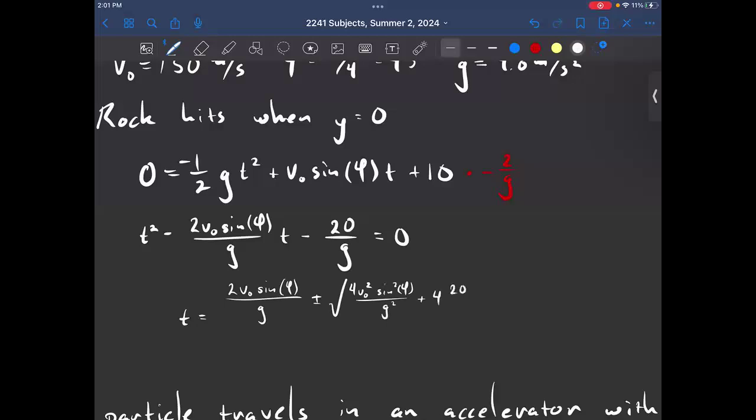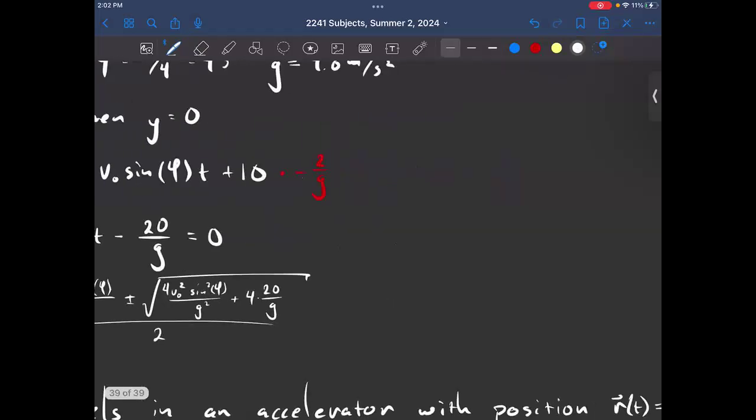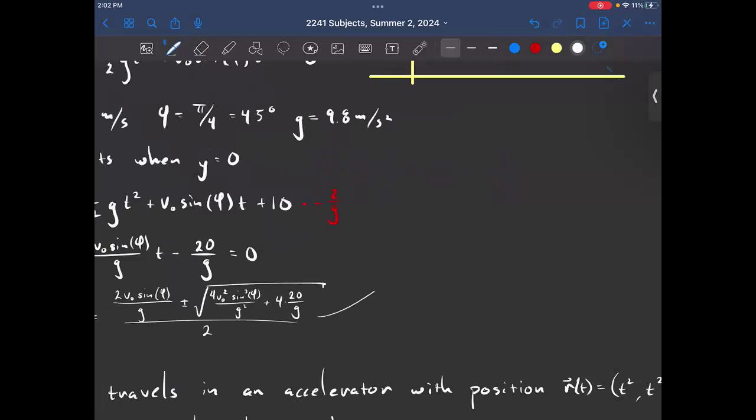So I'm going to have plus 4 times 20 over g. And then divide everything by 2. Okay, so a lot going on here. Let's bring this up and clean it up a little bit.